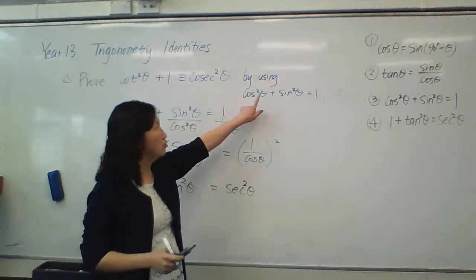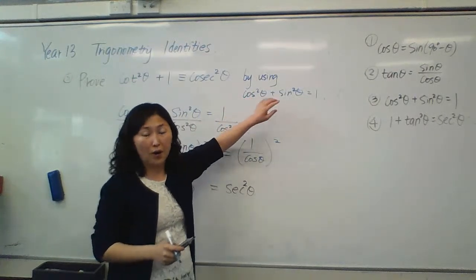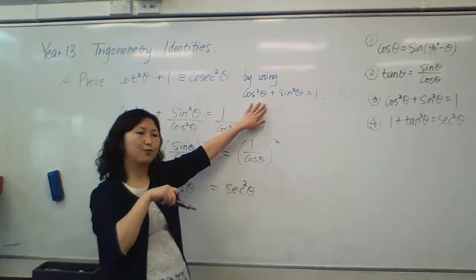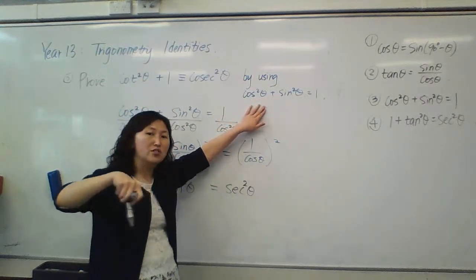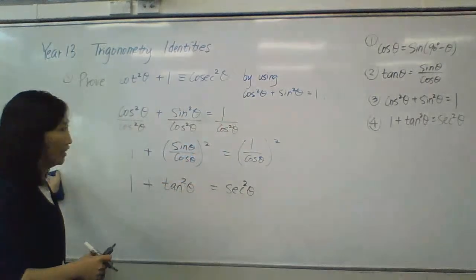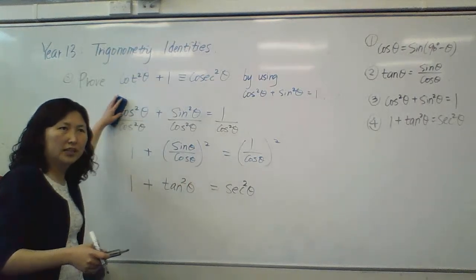Again, you're going to use cosine squared plus sine squared equals 1. We actually call this one the Pythagorean identity because it's from the right angle triangle using the Pythagoras theorem, right? Okay, now please try by yourself for the next, let's say, 30 seconds.